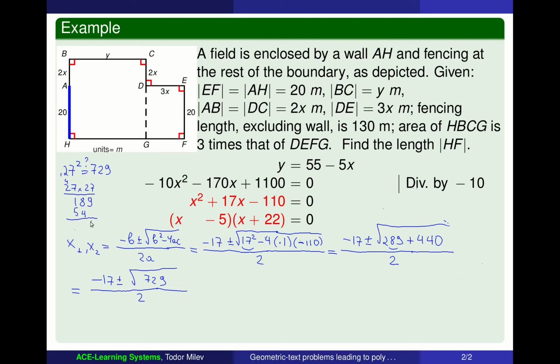And when we add the 2, we're getting 9. 8 plus 4 is 12, 2 carry over 1. 1 plus 5 is 6 and carry over 1, that is 7. So 729. So indeed 27 squared equals 729.